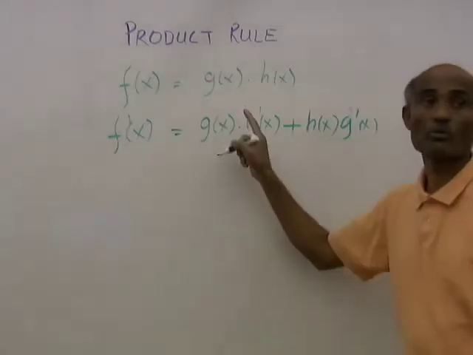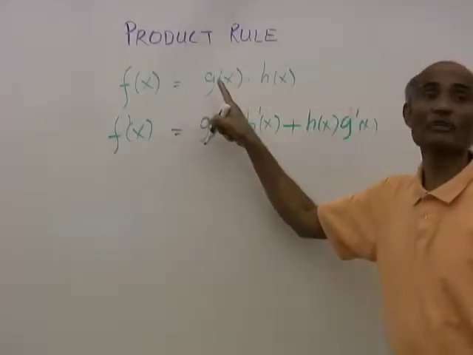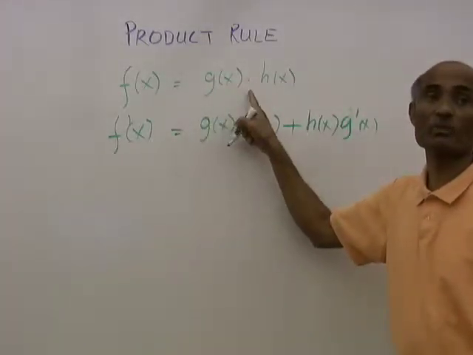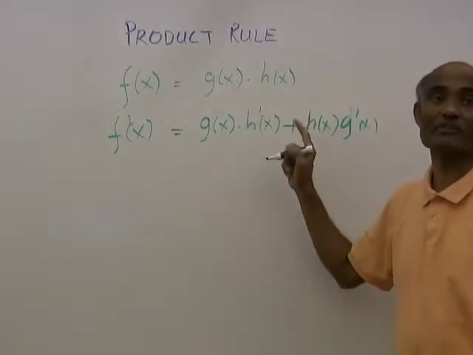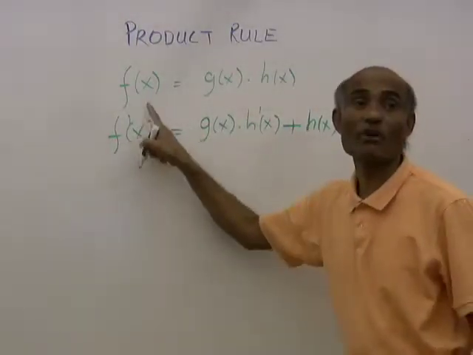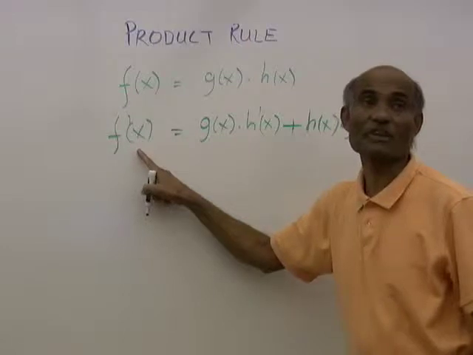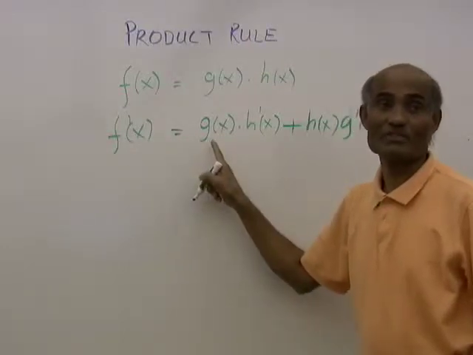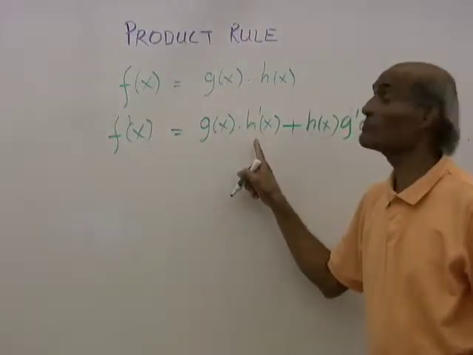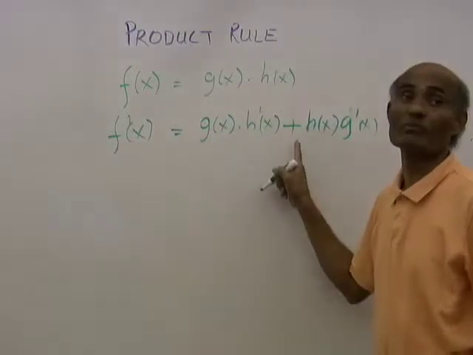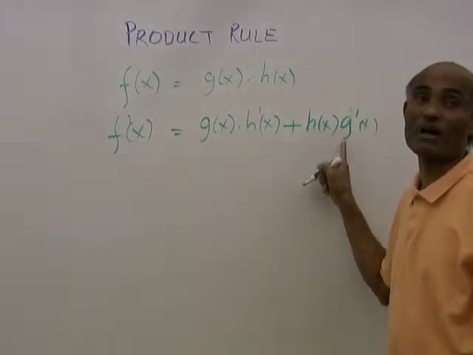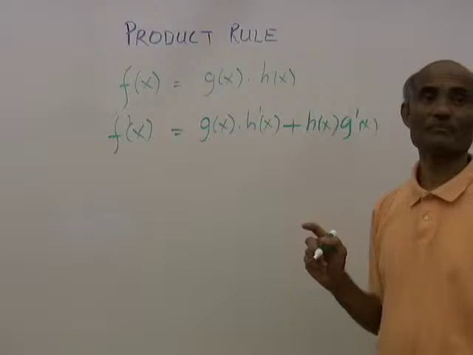It's a very simple rule. If f of x equal to g of x multiplied by h of x, the derivative of f of x, that is f prime x, is g of x times h prime of x plus h of x times g prime of x.